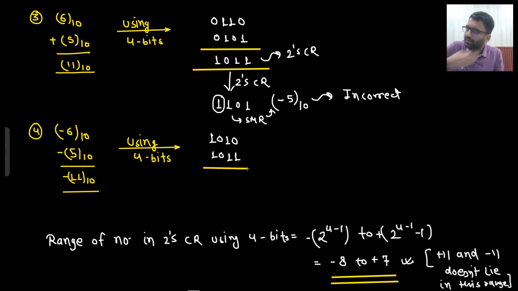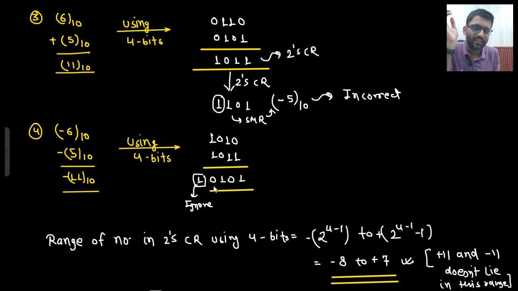And if you perform it, 1 plus 0 is 1, 0, 1, 0, and a carry is generated. If a carry is generated, you will ignore it. What is the final answer you are getting? Here you can see 0. That means this is a positive answer.